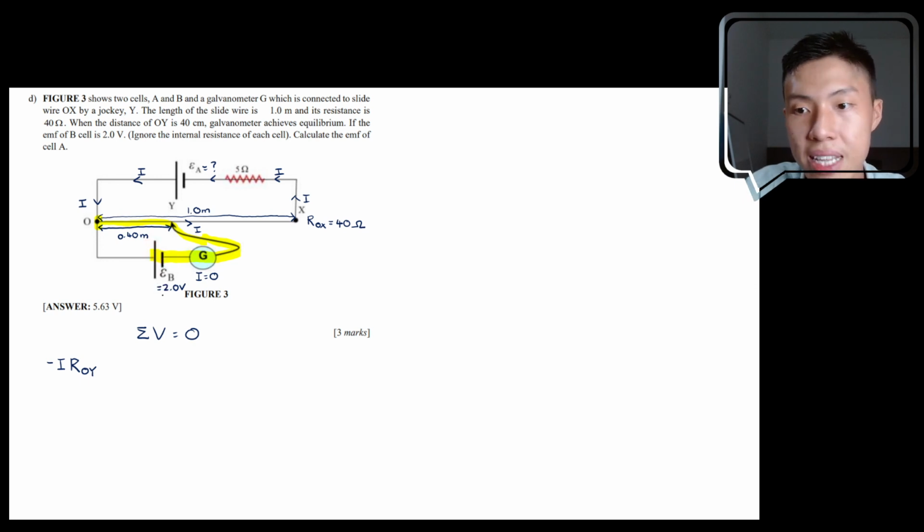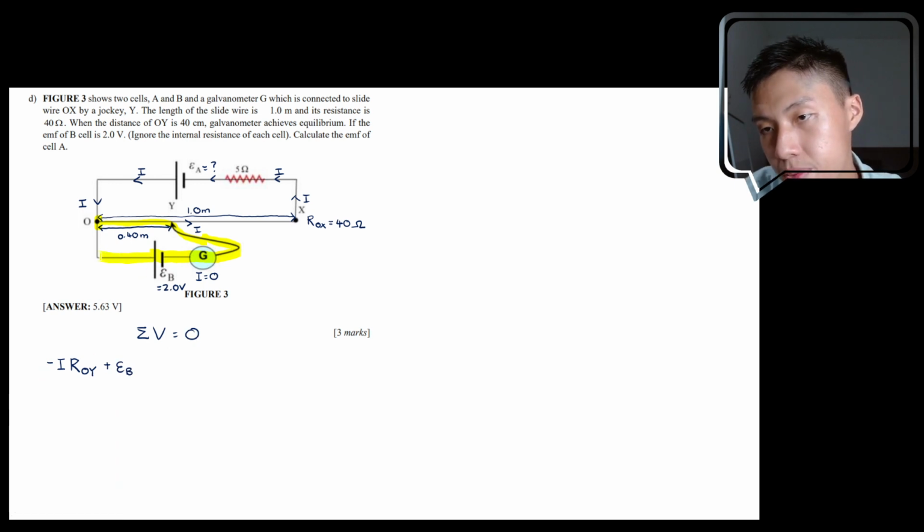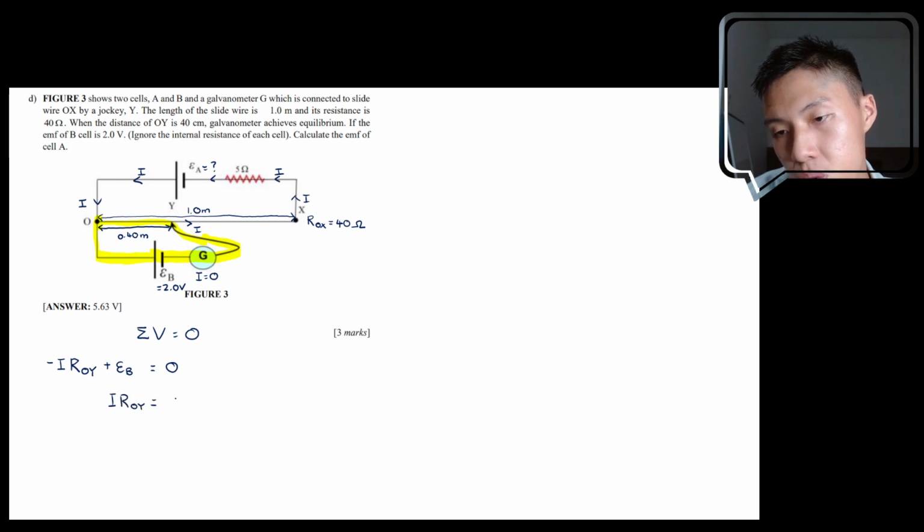It's a potential gain, so it's a positive epsilon B. If you continue your journey, you get back to the point where you start. So now this will be equal to 0. From here you can see that I R_OY equals epsilon B. They both have negative signs on left and right, but you can remove the negative sign.